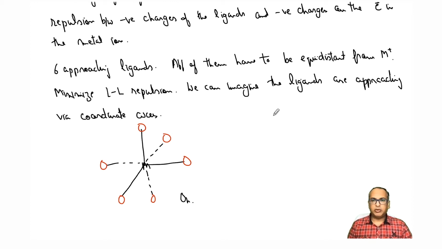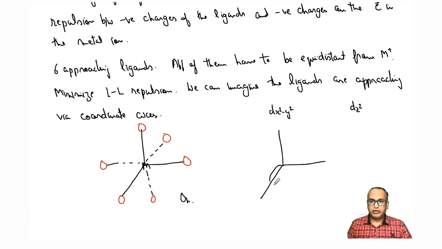The Eg set of orbitals, one is dx square minus y square, another is dz square, right? So how do I draw dx square minus y square? These are lying along the axes, right?